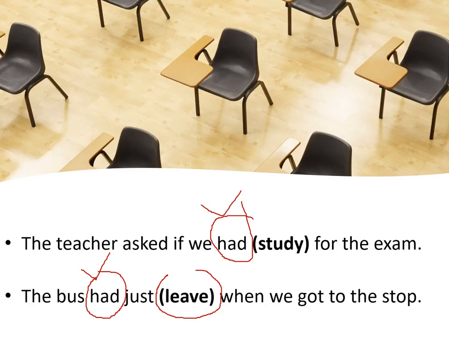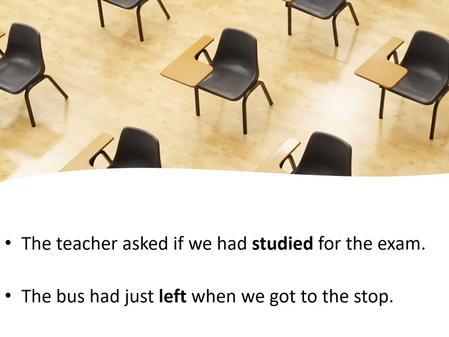So the right answer will be: the teacher asked if we had studied, the past participle form after had. And then look at the second sentence, had, and of course you have to write the third form of the verb leave, that is left. The bus had just left.